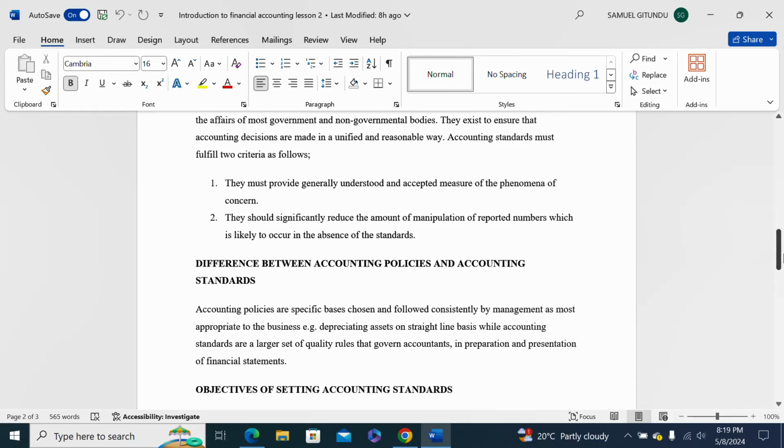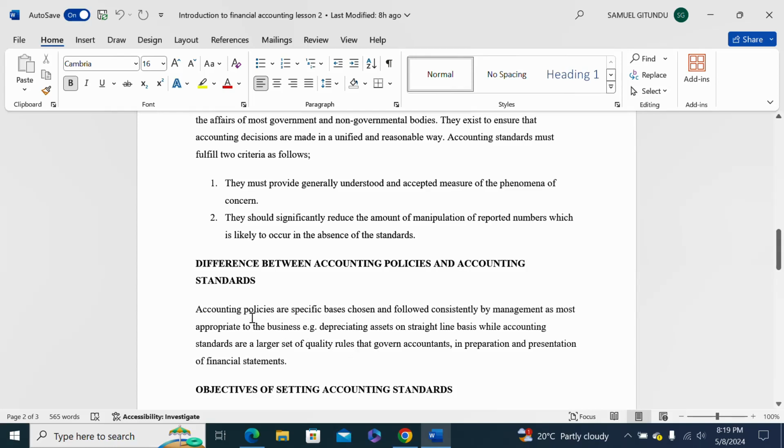You are told to state the difference between accounting policy and accounting standard, and we say that accounting policies are specific bases chosen and followed consistently by management as most appropriate to the business, e.g., depreciating assets on a straight-line basis, while accounting standards are a large set of quality rules that govern accountants in the preparation and presentation of financial statements.